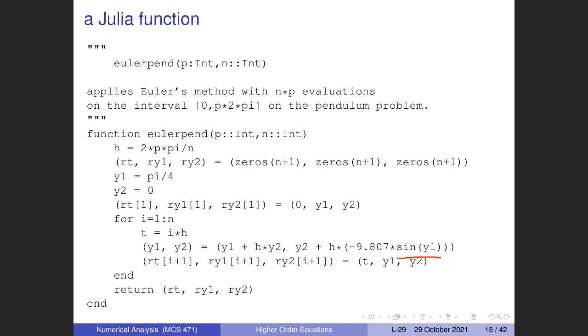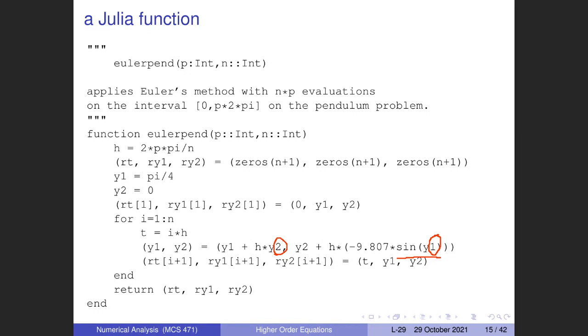Numerical analysis is difficult even though we did not make any mistakes in the code. Observe here the application of Euler, the attention to the indices. The y1 and the y2 here are flipped. This is a simple tuple assignment that evaluates the sine function in every step.